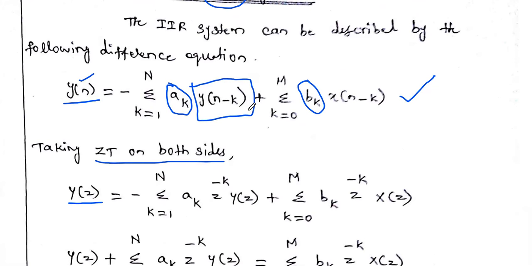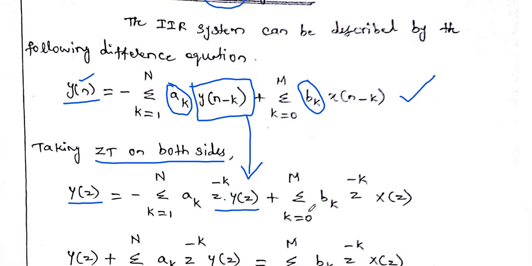We already studied the time shifting property of the Z transform in signals and systems. Using that property, the Z transform of the term y of n minus k is Z power minus k into capital Y of Z.